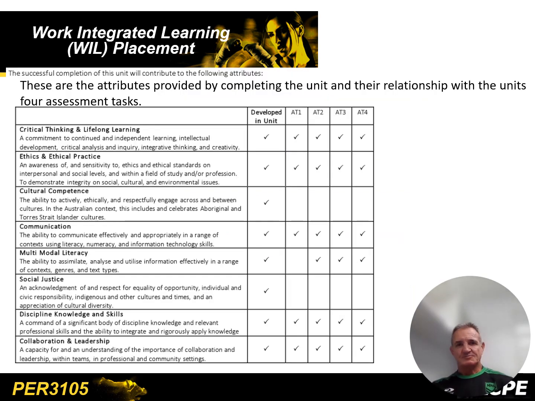These are the attributes provided by completing the unit and their relationship with the 4 assessment tasks. We understand many of you are under pressure, studying 2 or 3 subjects and having information overflow. However, if you're passionate about coaching in high-level sport, it relies on having elite skills in these areas.